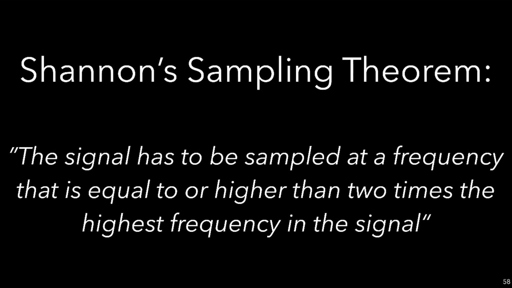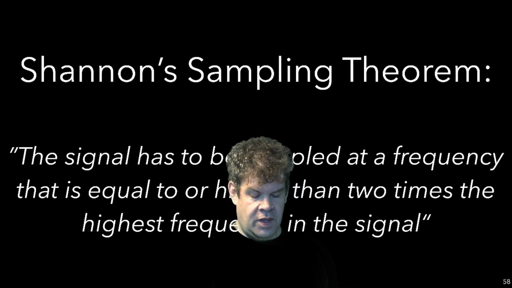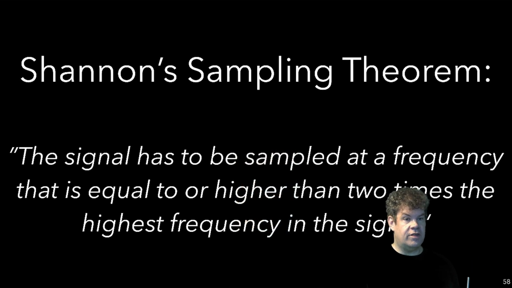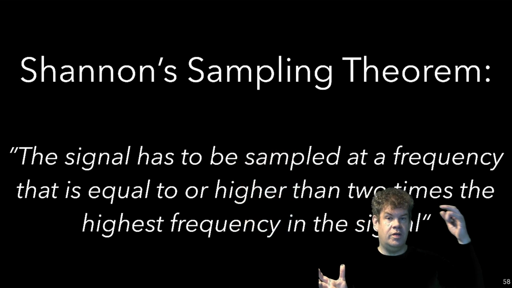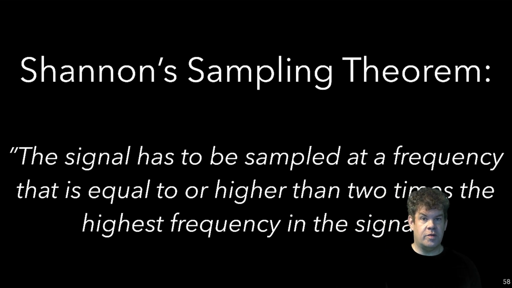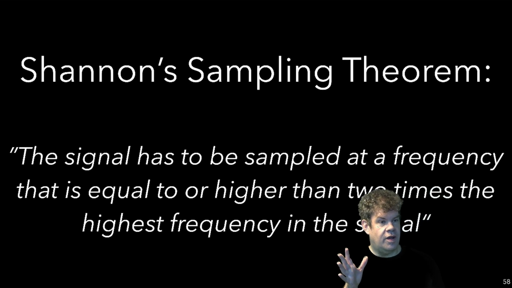He said the signal has to be sampled at a frequency that is equal or higher than 2 times the highest frequency in the signal. That's kind of similar to what I said before. Objects are small, we need more pixels. But this is more specific, as it says we need at least 2 times the pixels.